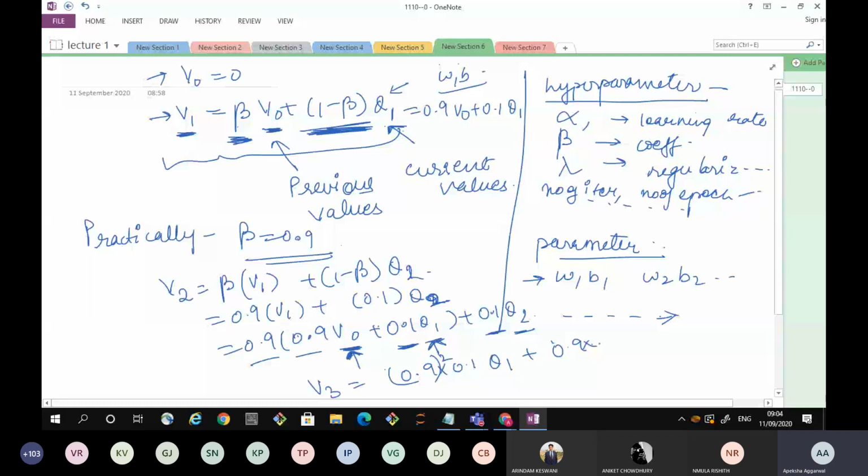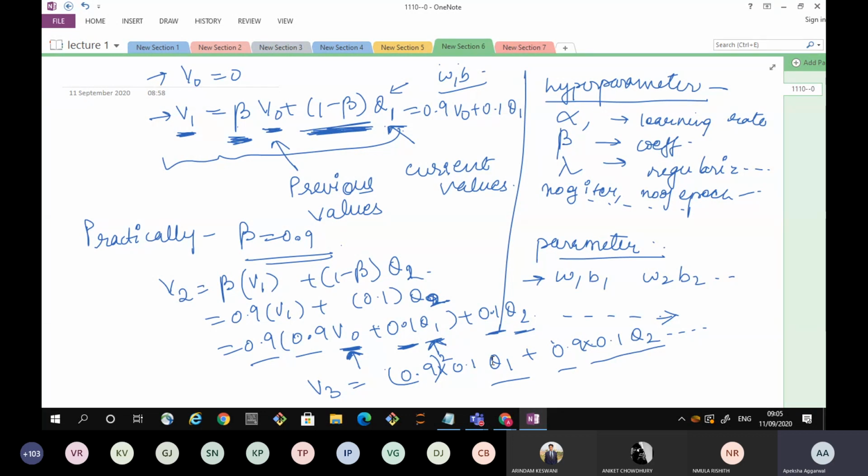So basically the idea is, we are considering all the past parameters and then we are calculating the average. So this is exponential. Why exponential? Because at every step we are multiplying it with some power of that number, and that power is beta.